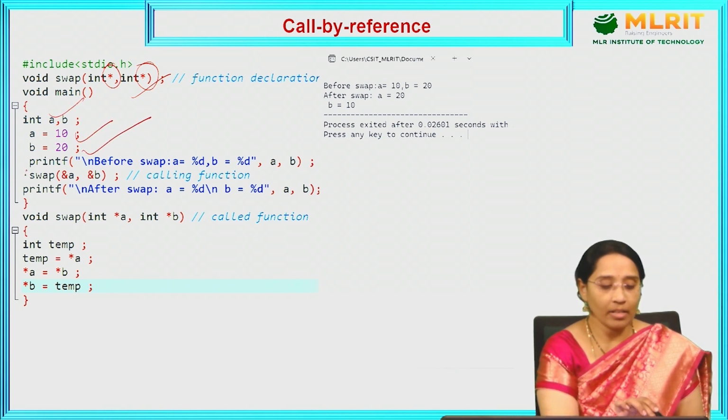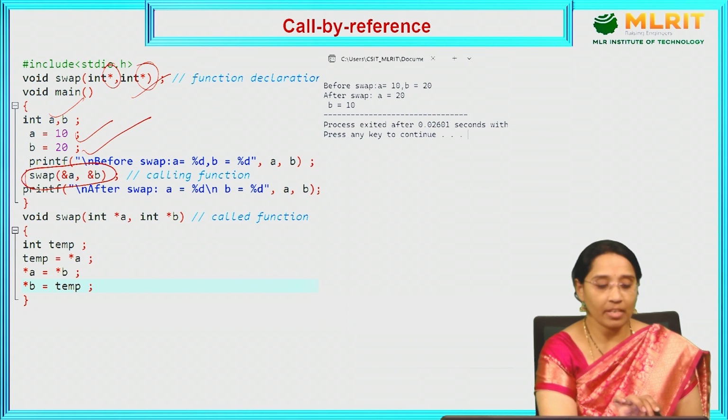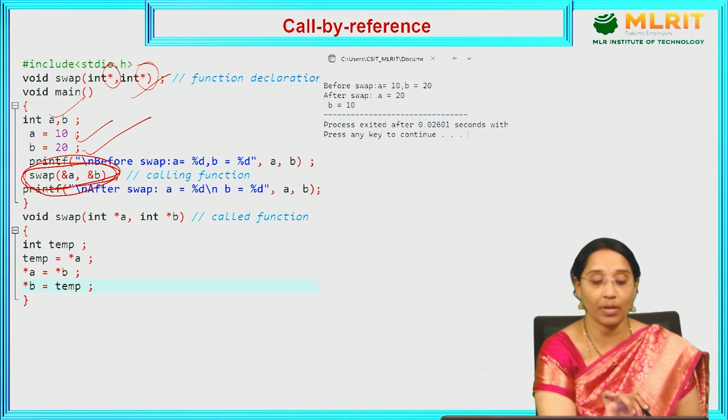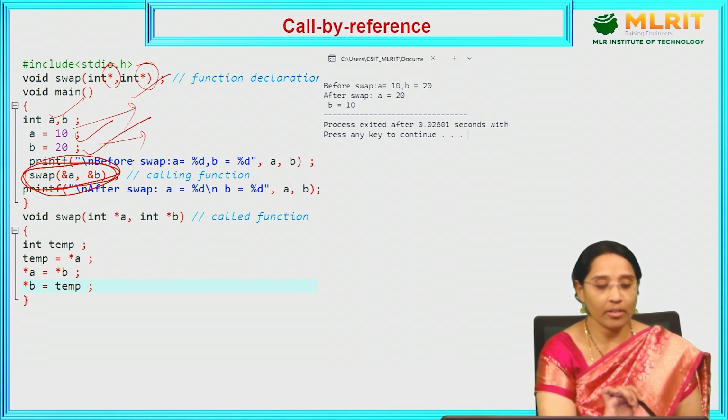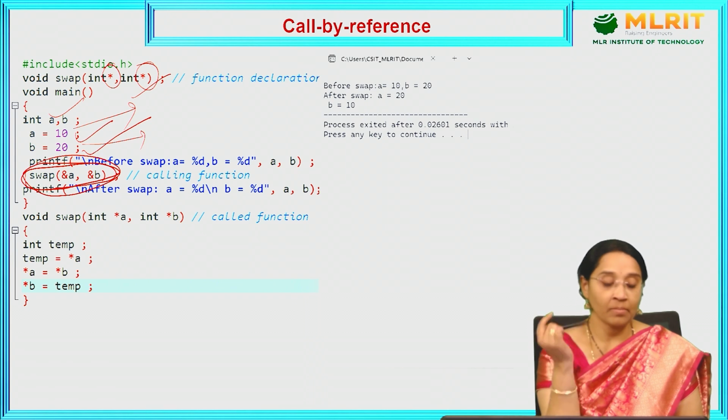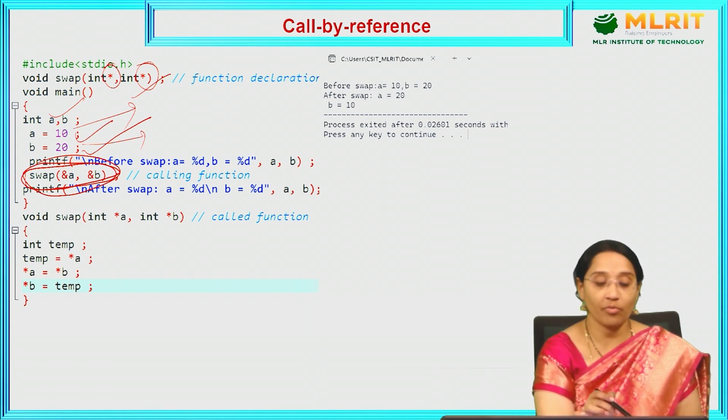In the previous case we passed just the normal parameters, but now we will pass the addresses of those variables, address of a and address of b, say 1000 or 2000, whatever the addresses are.